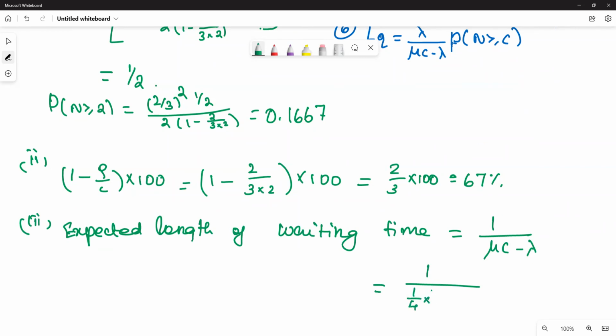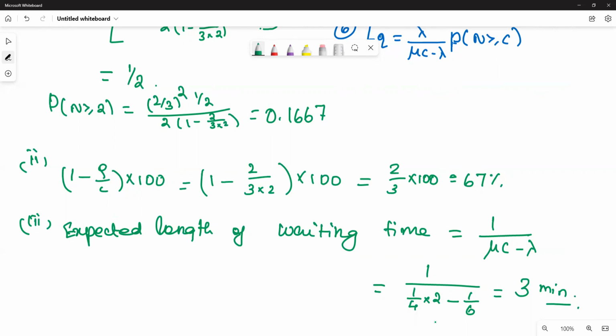C is the number of servers, 2 here, minus lambda, which is 1 by 6. That is 1 by (1 by 2 minus 1 by 6). Taking 6 as LCM, you get 2 by 6. Reciprocal is 3. Everything is in terms of minutes, no? So the expected length of waiting time is 3 minutes. That is the expected time the customer has to wait.